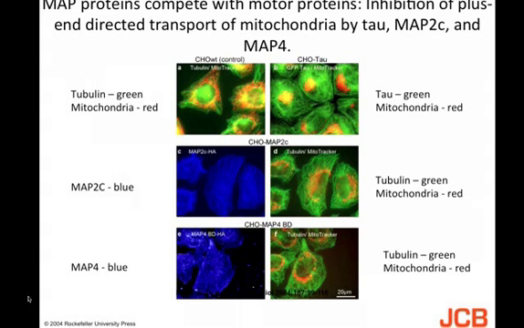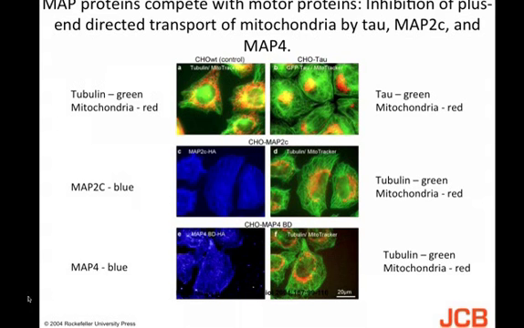But here, they took the same cells and expressed high amounts of tau, which is one of these proteins that binds to the side of microtubules. If you compare the mitochondria in red, notice they're all stuck in one place, basically in the center.